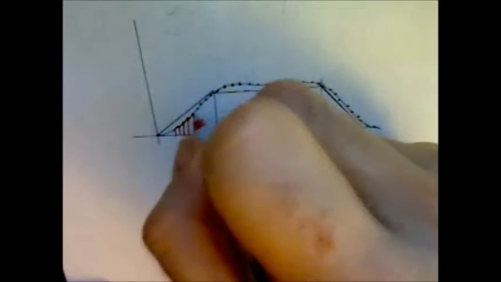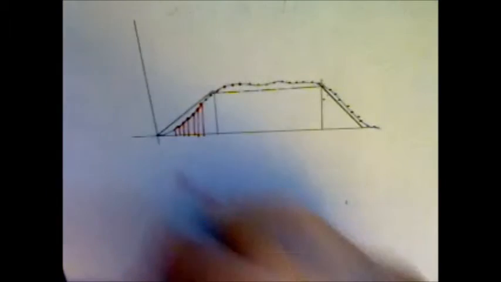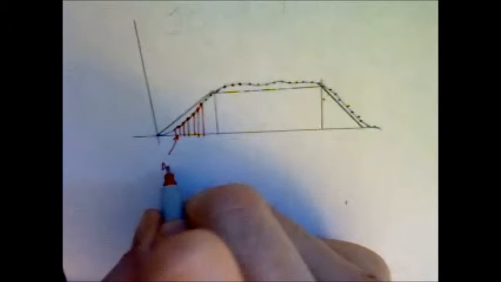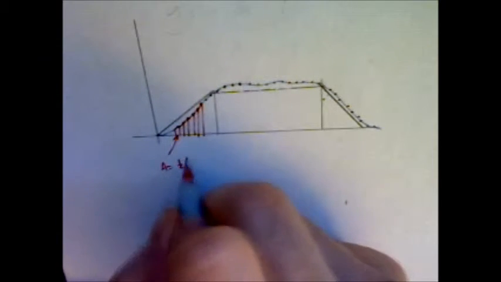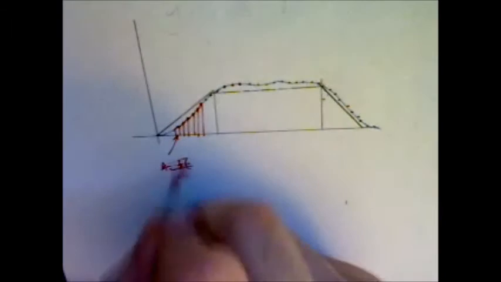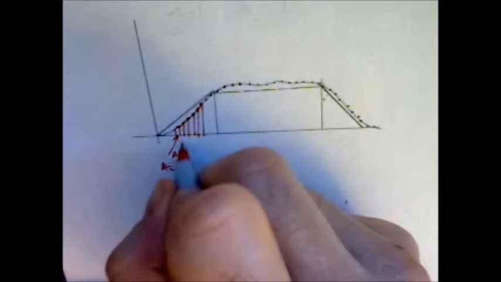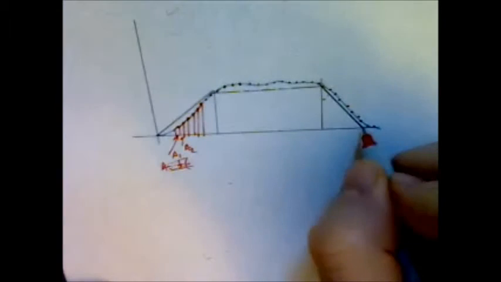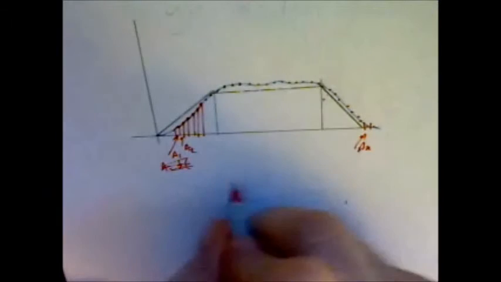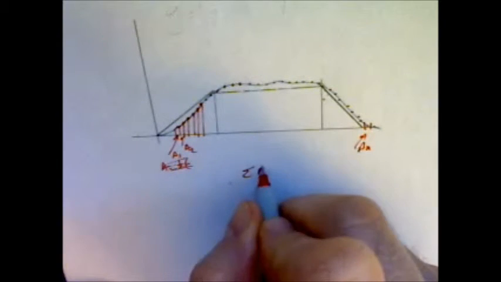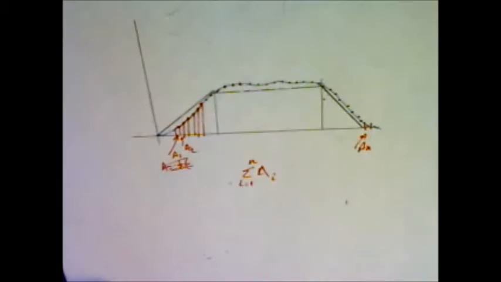What they all do is they all make a little quadrilateral that has this area. And this area is going to equal 1/2 times, I can draw something bigger. We got A1, this is A2, the last one's A sub n. Okay, and so the area is going to be the sum of A sub i from i equals 1 to n.